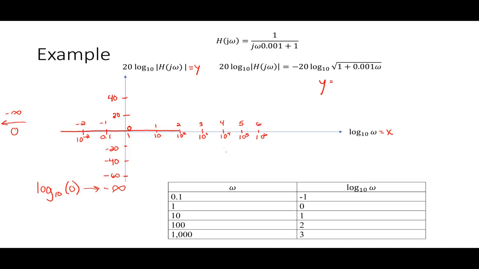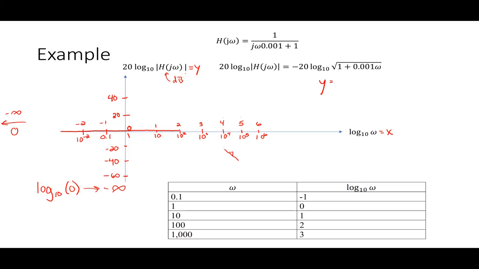So what I'm going to say is at these points, I'm falling. So if log of omega is my x-axis, then between 4 and 5, I fall off 20 dB, right? The units here are dB. That's the units of 20 log of a number.